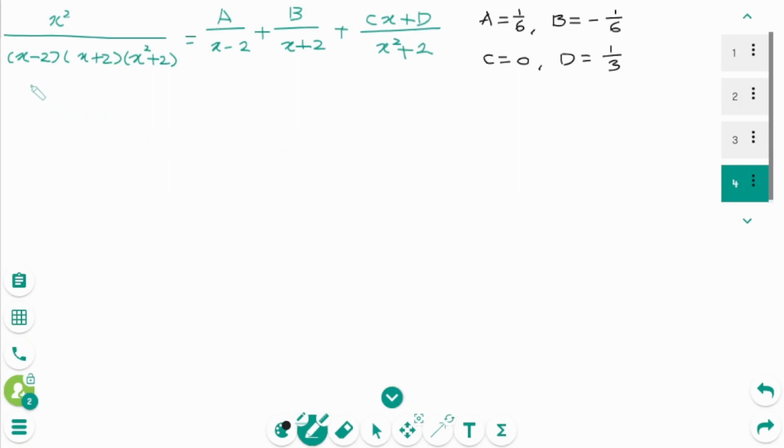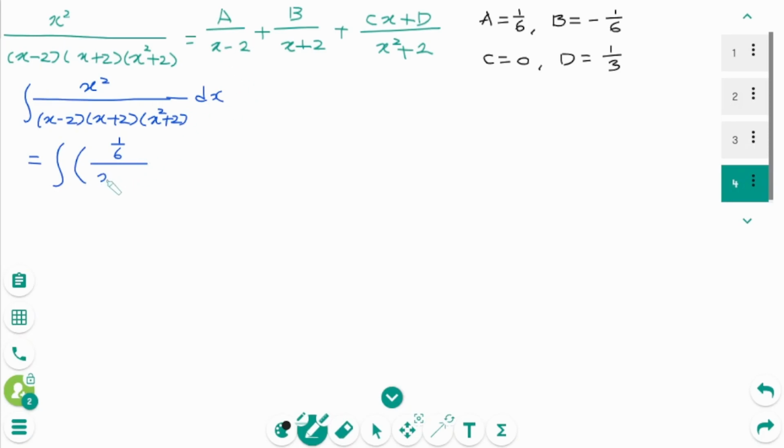So it follows that the integral of x squared over x minus 2 times x plus 2 times x squared plus 2 dx is the integral of a, which is 1 over 6, over x minus 2, then b is minus 1 over 6 over x plus 2, then cx plus d, c is 0, then d is 1 over 3, over x squared plus 2 dx. 1 over 3 is the same as 2 over 6.